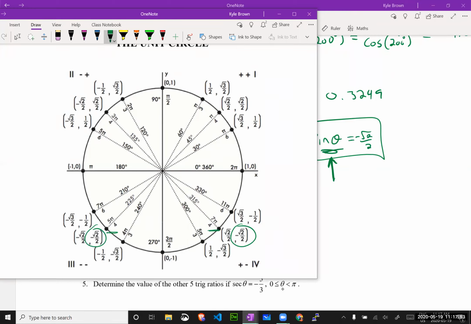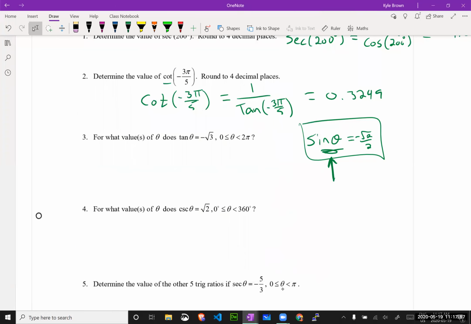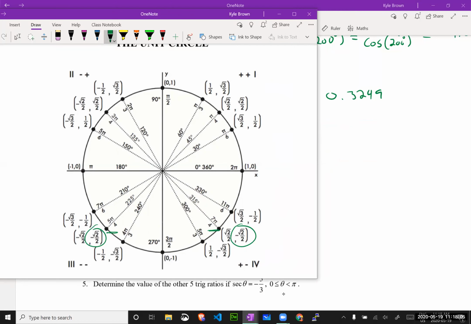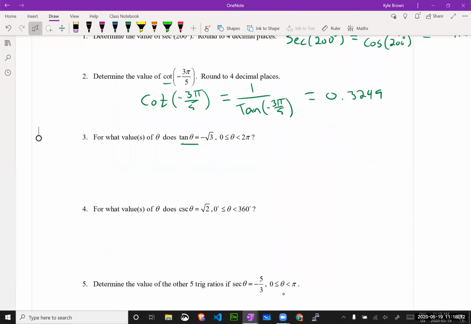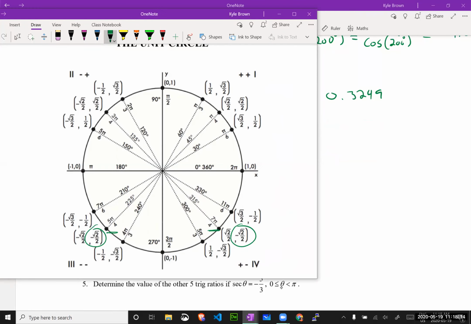Okay? Now, why I bring that up is because now it's saying tan theta is equal to negative root 3. Okay, I can't just find that on my unit circle, right? I can't just say, okay, where is tan equal to negative root 3? Because remember what tan is. Tan is the opposite, right?